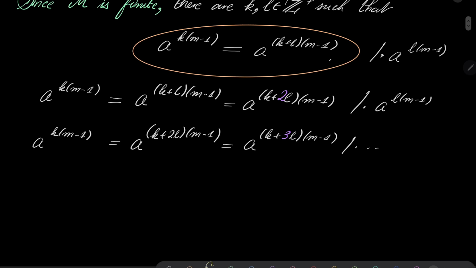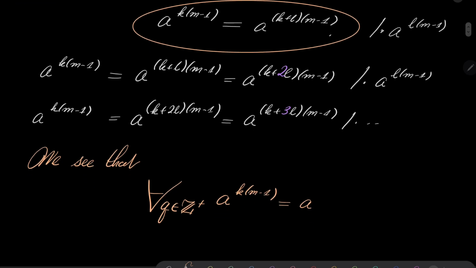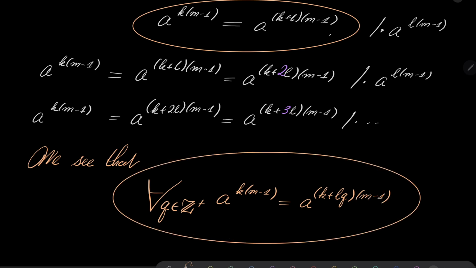It's an easy induction if you wish to do it inductively, but we see that in fact for any positive integer q, a to the power k m minus 1 equals a to the power k plus l times q times m minus 1. Again, if you do not believe, it's an easy induction to verify that.